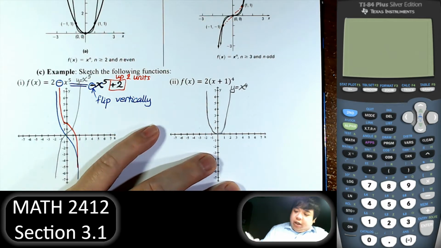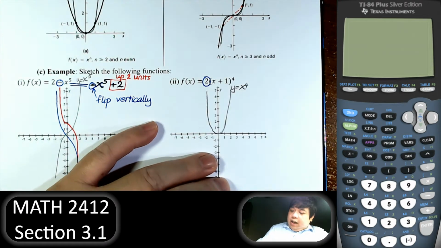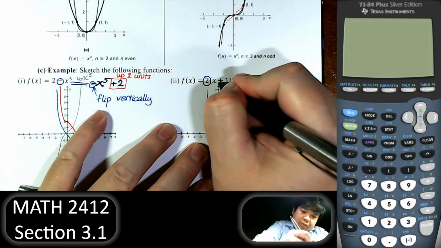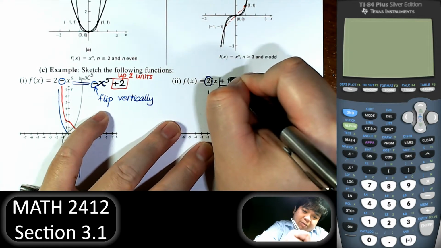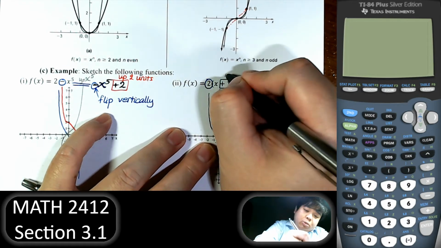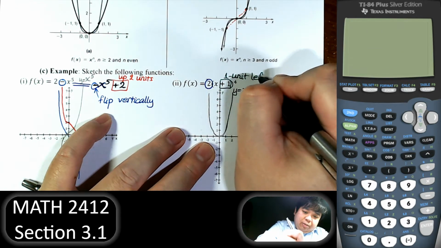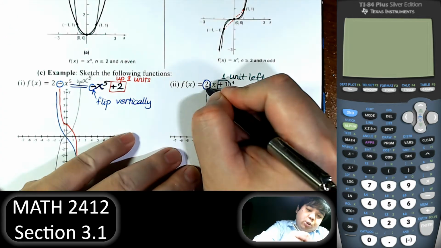We have 2 here, and then we have +1 here. The +1 will be 1 unit to the left, and 2 here means the y values are multiplied by 2.